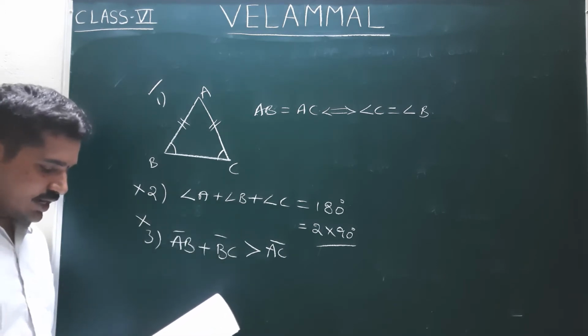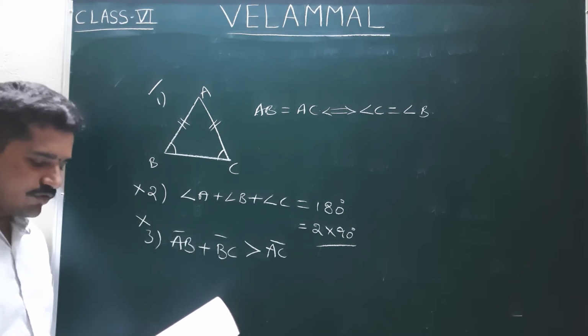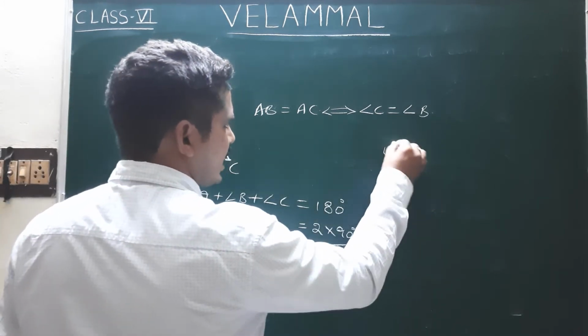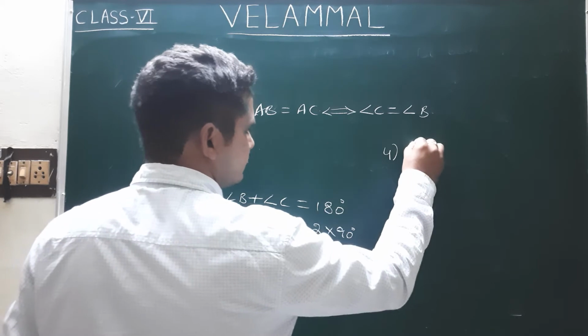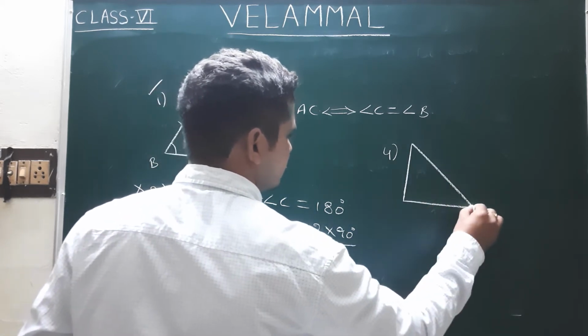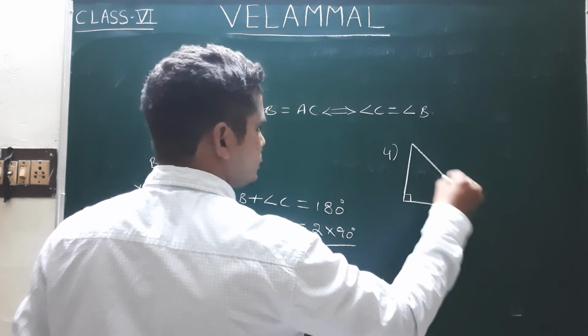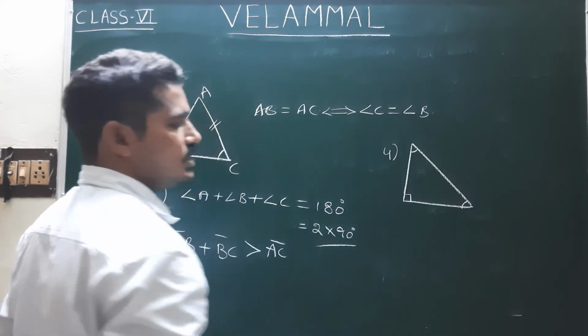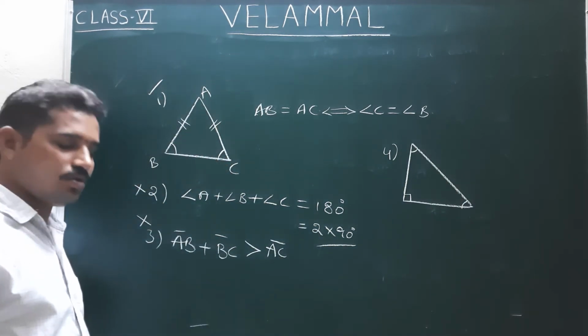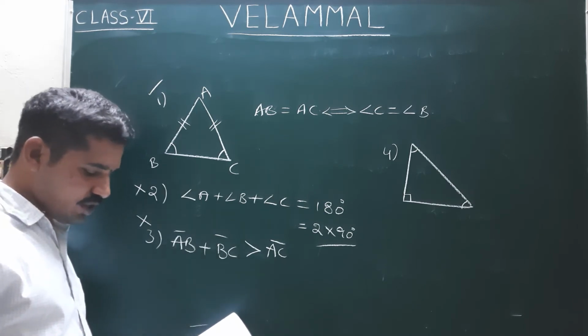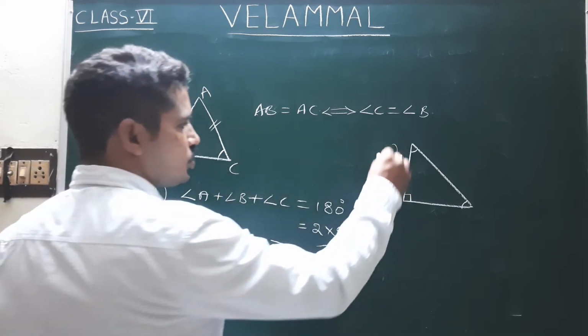Next, a triangle cannot have more than one right angle. Yes, if we are taking a right angle triangle, here 90 degrees is there, and the remaining two must be acute angles, that means less than 90 degrees. So the statement that a triangle cannot have more than one right angle is true.